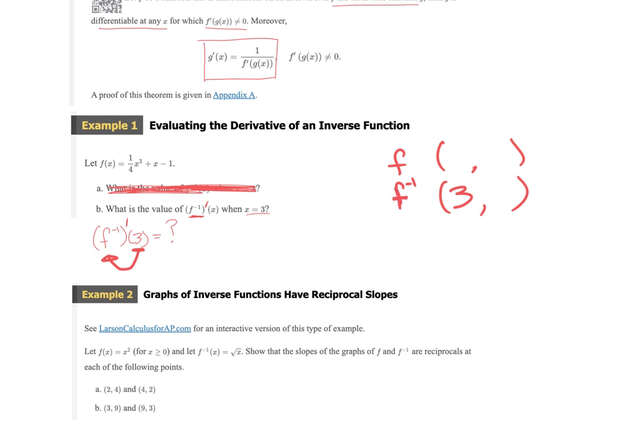Okay, well, that means that it's the y value on my original function. Okay, and I am looking for this number here. So what we're going to do is we're going to take this equation f of x and we're going to say, well, when does 3 equal 1/4 x cubed plus x minus 1? There are a couple different ways to do this.